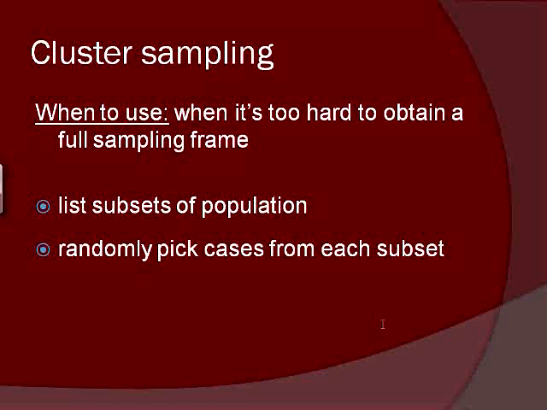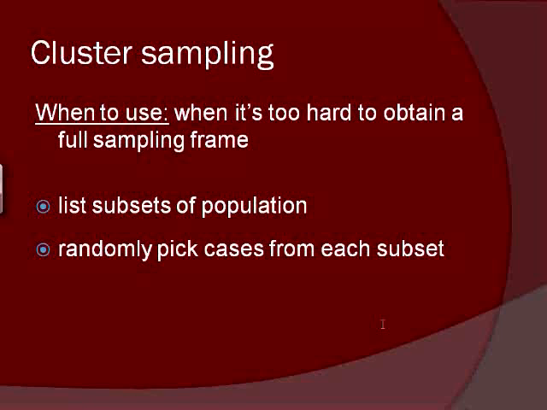Then for each county, we obtained a valid sampling frame of schools, and we selected just a few schools from each of those randomly. And finally, within each school, we can obtain a valid sampling frame of the students and sample those students randomly. So cluster sampling is a random sampling that is sort of multi-stage, and it goes around the issue of getting a valid sampling frame for the members of your population.